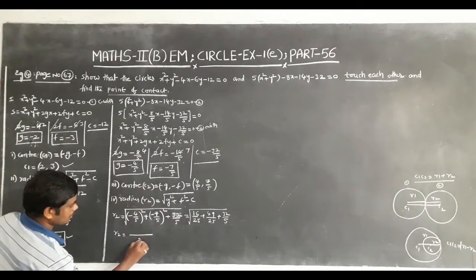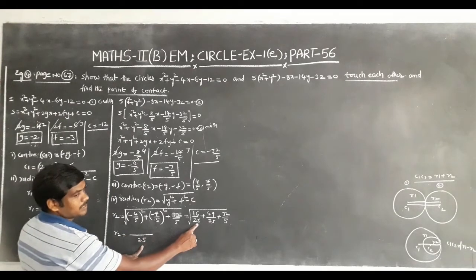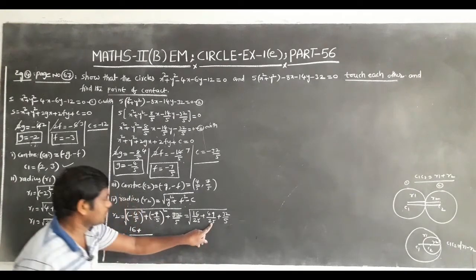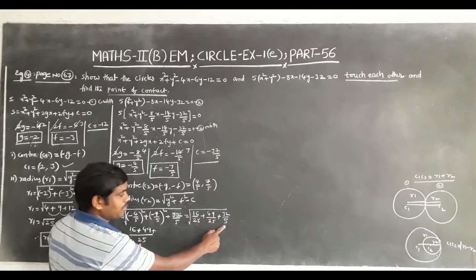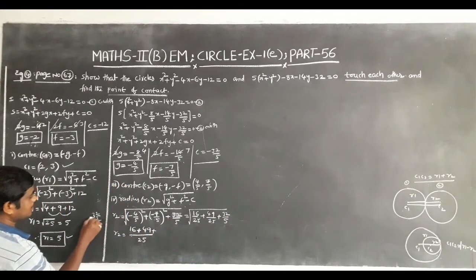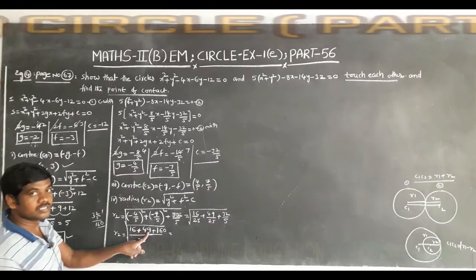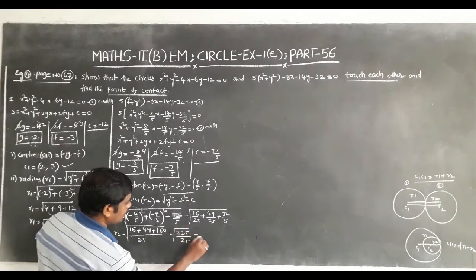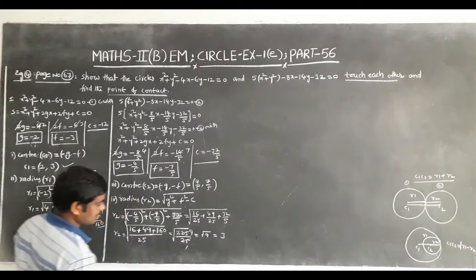R2 is equal to, taking LCM 25: 16 by 25 plus 49 by 25 plus 160 by 25, under root. 16 plus 49 is 65, 65 plus 160 is 225 by 25, under root. 25 nines are 225, root 9 means 3.